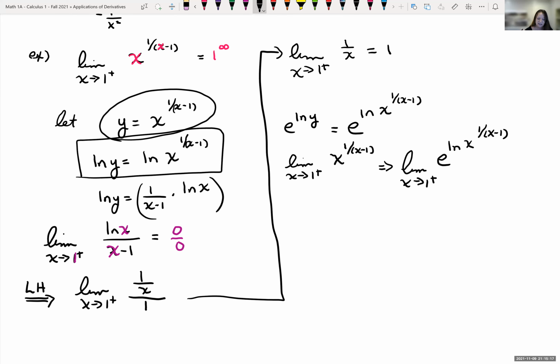Remember, we can look at the limit of the exponent. We just found that the limit of the exponent was 1. And so this is going to just give us e raised to the first power, or just e.